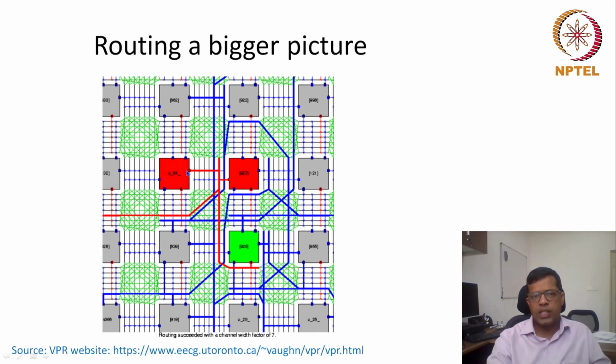So let's say this red connection is first connecting to this, using the switch box it is connecting to one of the vertical wires, and this vertical wire is connecting using this switch box to one of the horizontal wires. And because this wire can also connect to another vertical wire, this way this output is going to the input of this particular LUT or this particular logic tile or CLB, whatever we can call.